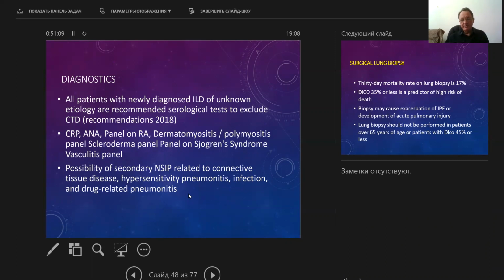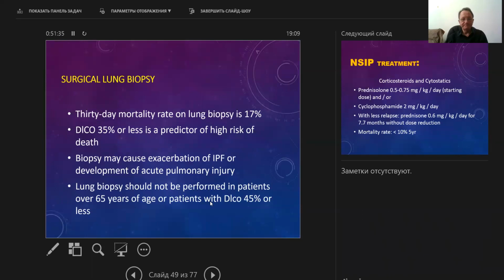You should ask the patient about occupational or home dust exposure, infection, and consumption of some drugs, because some drugs can lead to changes in the lung parenchyma that look like non-specific interstitial pneumonia.